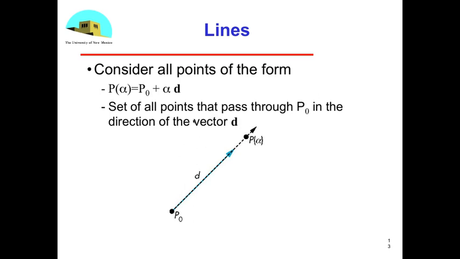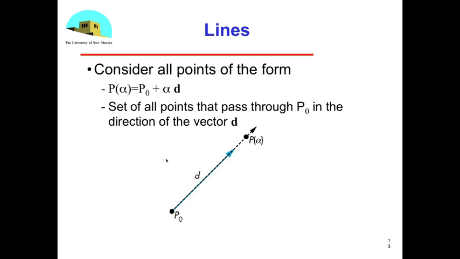but it has all the values going on forever. So I get a line, and if I allow alpha negative, what does negative alpha do? Well, that reverses the direction of d, because it's like multiplying a positive value alpha times minus d. So I get all of the points along this line, allowing alpha to be both positive and negative. And so we have a nice definition of a line without having any representation.